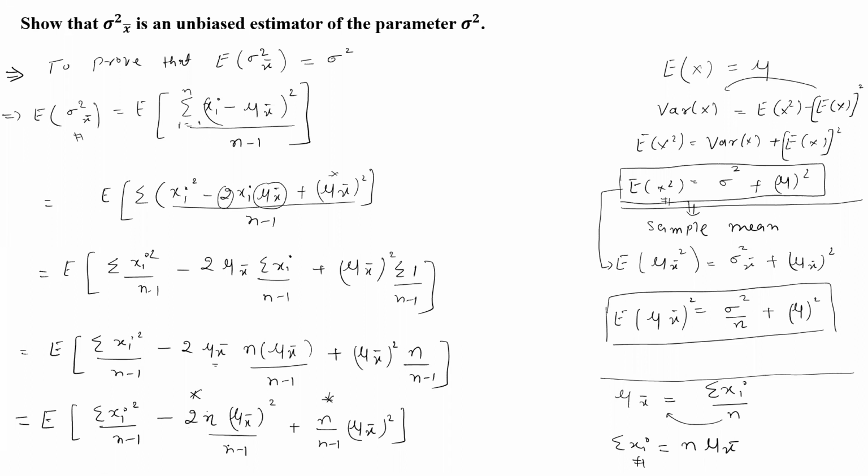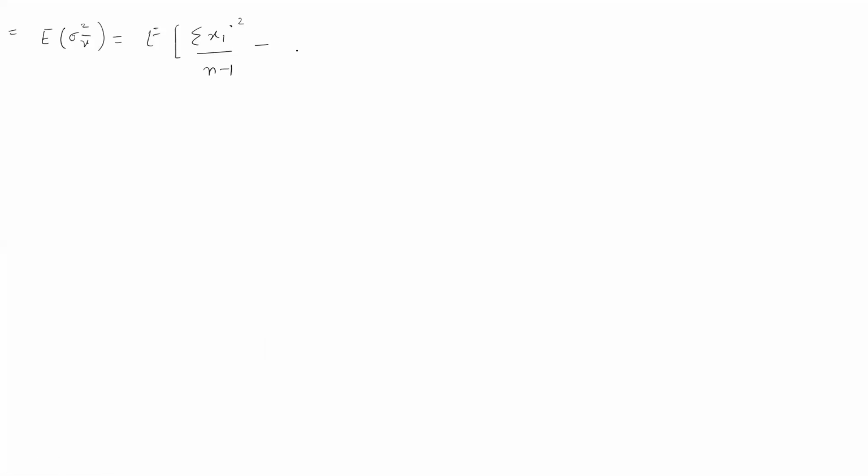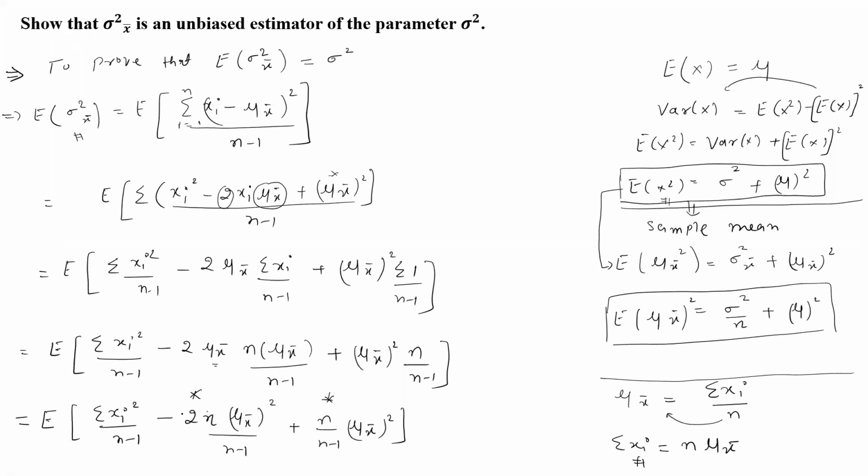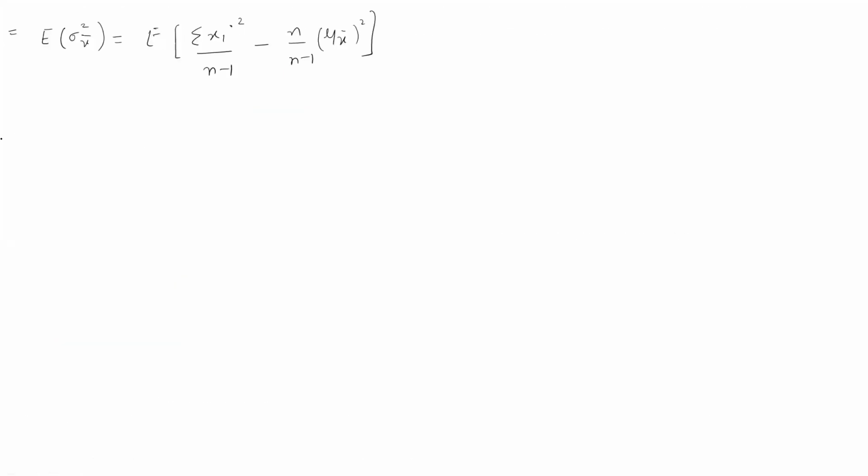You can see n by n minus 1 mu x bar whole square is common anyway, so minus 2 plus 1 becomes minus 1. So this will be minus of n by n minus 1 mu of x bar whole square. Only this term is remaining, right? So minus 2 n by n minus 1 plus n by n minus 1 becomes minus 1 time n by n minus 1, mu of x bar whole square.